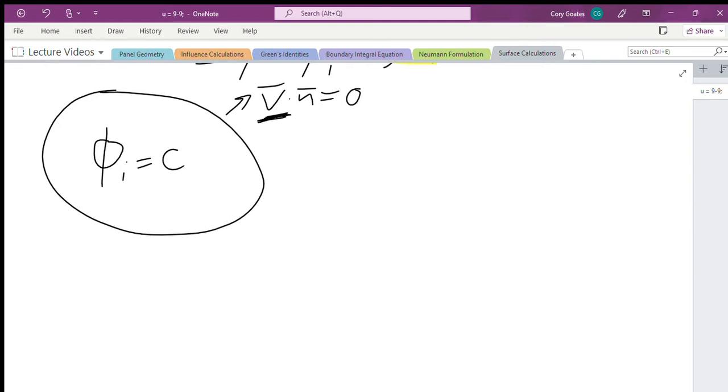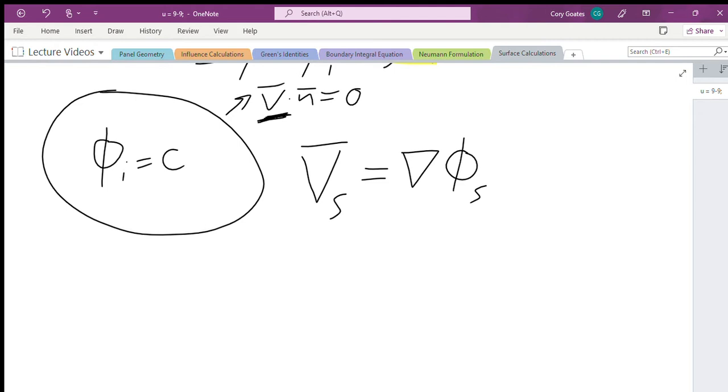Okay? Now if I want to look at the velocity on the surface, so v just on the surface and just on the outside of this configuration, well, that's just equal to the gradient of the total potential on the surface, right? Now, if you remember what we said just before, doublet strength represents a jump in velocity potential going from the inside to the outside.